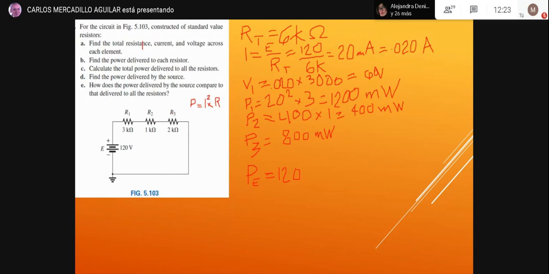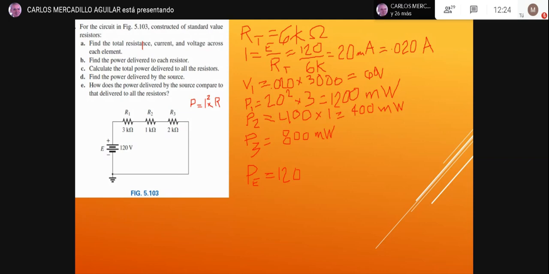So I put it here because the current is 20 milliamperes, is 20 squared times 3 kilo ohms here. 20 squared is 400. So 400 times 3 is 1,200 milliwatts.